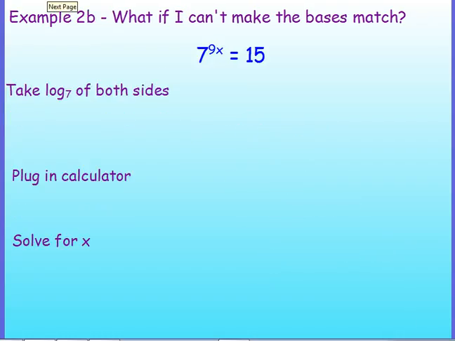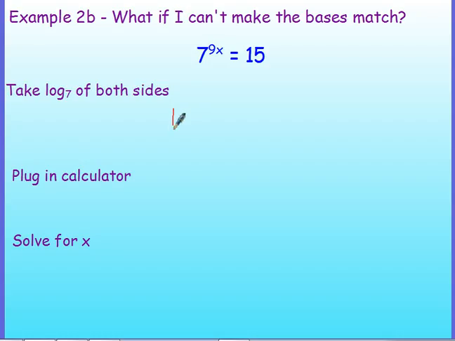Okay, I have 7 to the 9x power equals 15 this time. Problem? What? I can't match my bases, right? 7 can't become a 15 anyway. So then what do you think I should do?